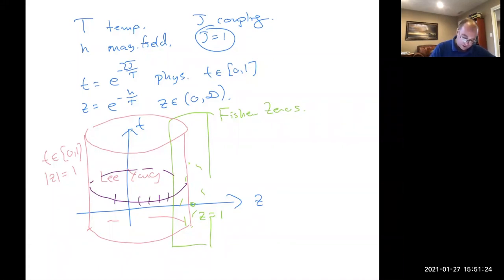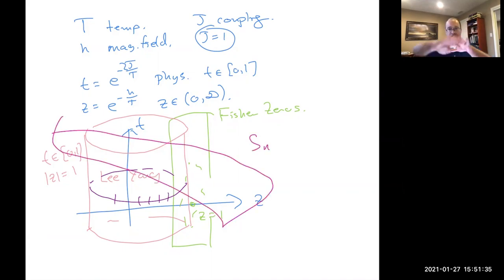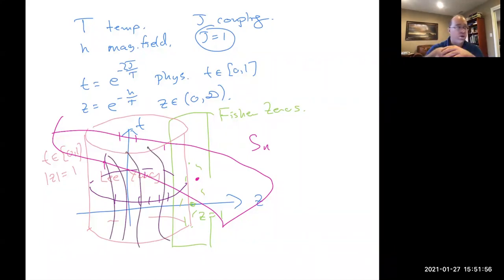And then finally, you can just look in all of C2 all at once, and you get some kind of algebraic curves. It's hard to draw algebraic curves, but there are some algebraic curves in there, and they hit the Fisher slice in some finite number of points, and they hit the Lee-Yang cylinder in curves that hit different heights at finitely many points.